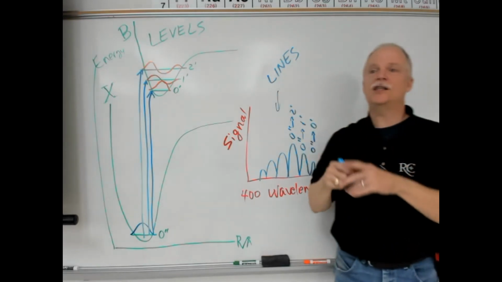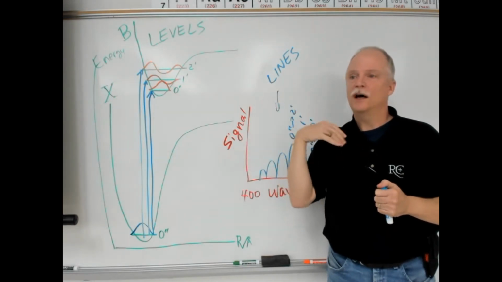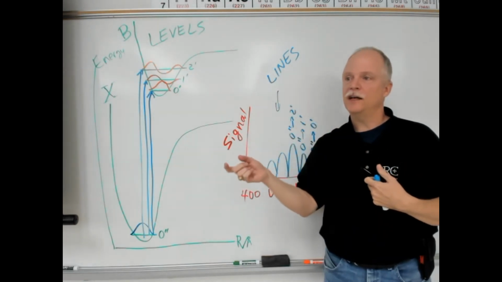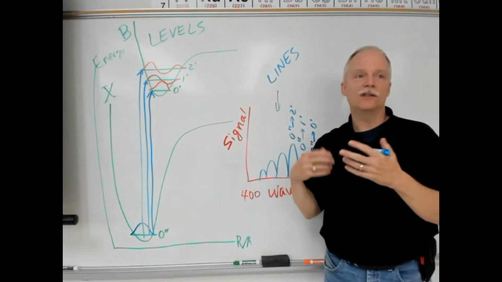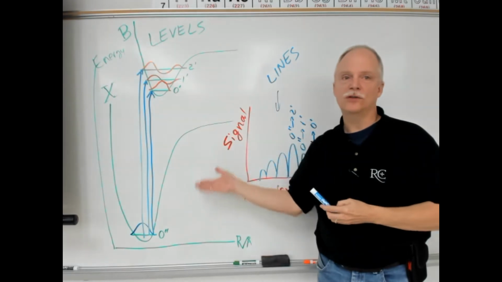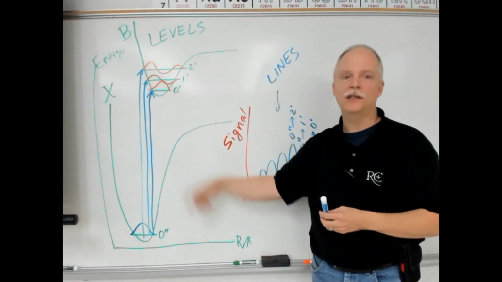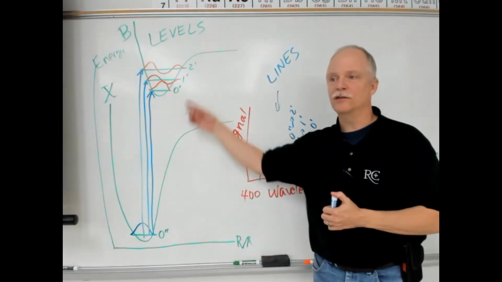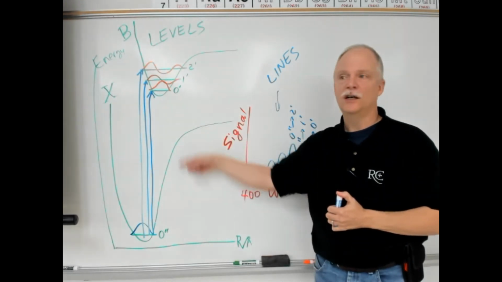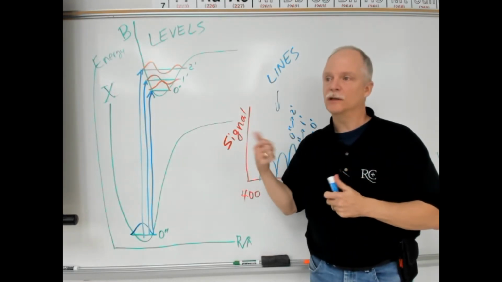And we did those transition equations: E of j plus 1 minus E of j, E of n plus 1 minus E of n. And the selection rules gave us those delta j's or delta n's. We have open selection rules in electronic spectroscopy. So we can go from 0 to 1, 0 to 2, 0 to 3, 0 to 4. There's no restriction on delta V. There's no restriction on the electronic jumps, except you can't flip a spin while you do the absorption.